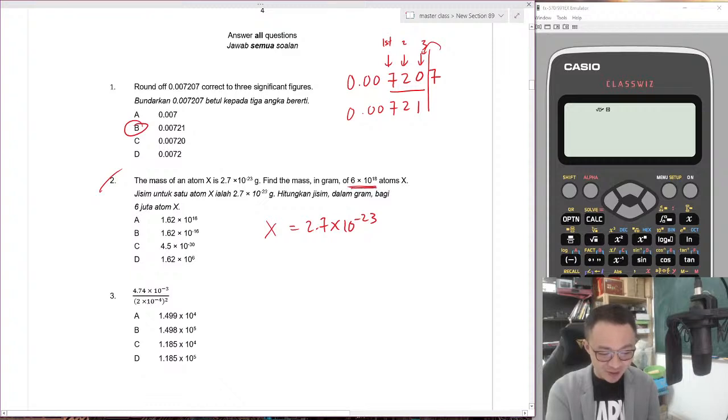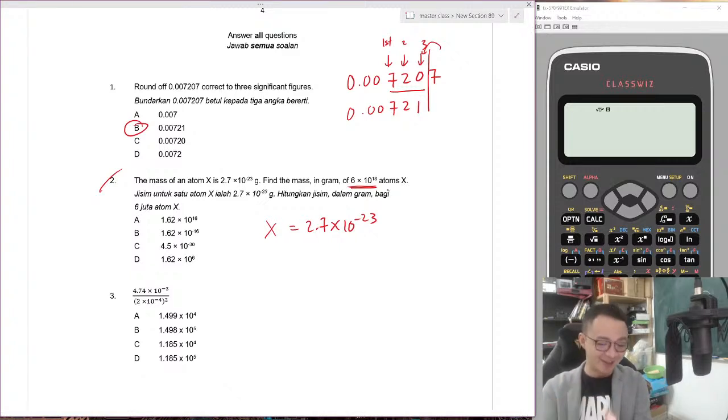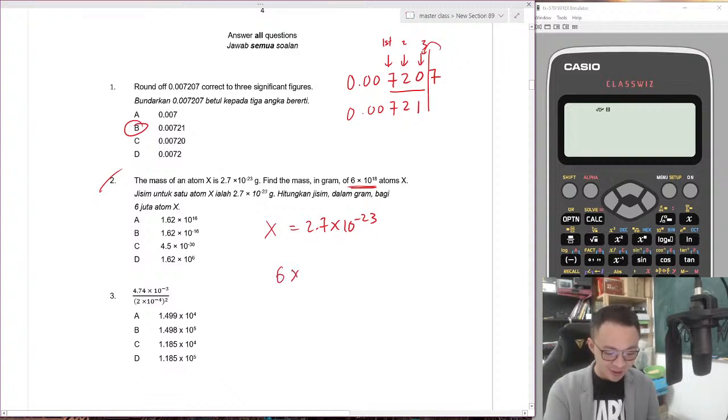Right now we have this many atoms of X. If we had 2 atoms of X, we would multiply 2 by the weight of atom X. So my logic is to multiply this amount by the weight of atom X, which is 2.7 multiplied by 10 to the power of negative 23.